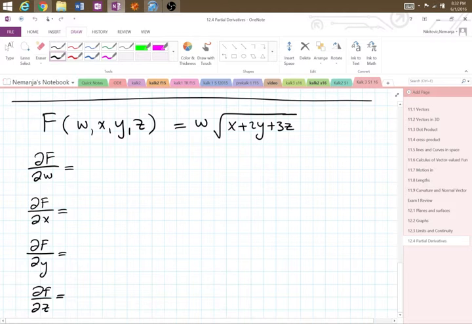All right. You had plenty of time to try it. Let's see. So first, with respect to w, what would be the answer? Just the square root. Very good.